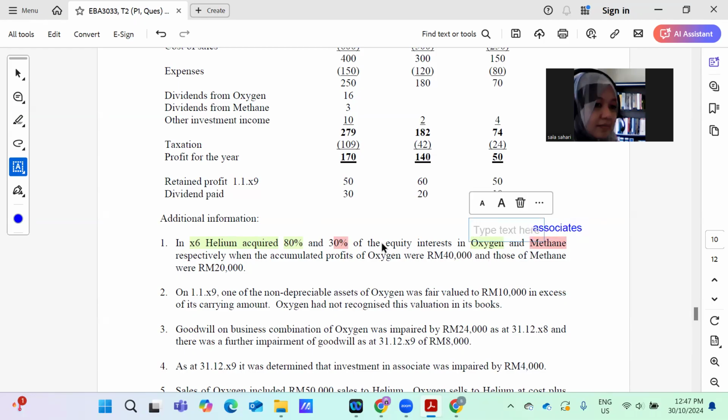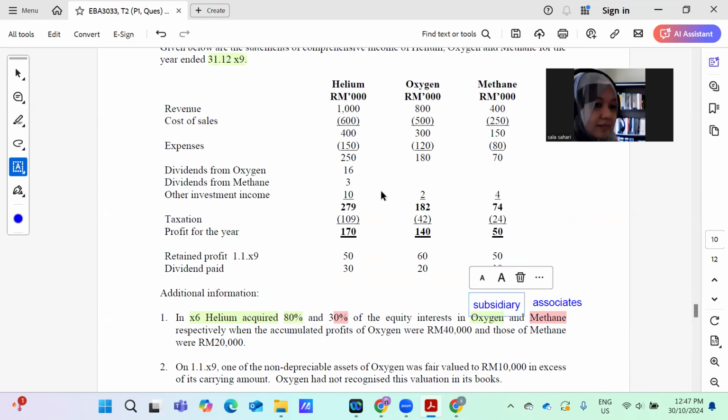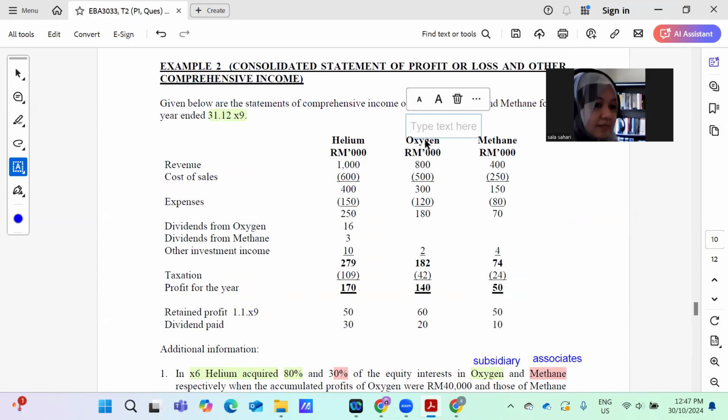And Oxygen, because it is more than 50%, which is 80%, Oxygen will be our subsidiary. So I mark here, up here, Oxygen is 80%. So directly we know the NCI will be the 20% balance.